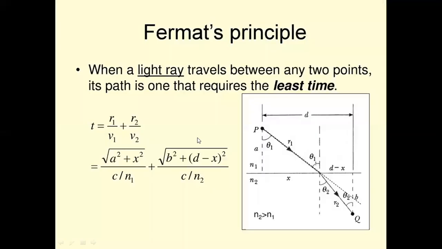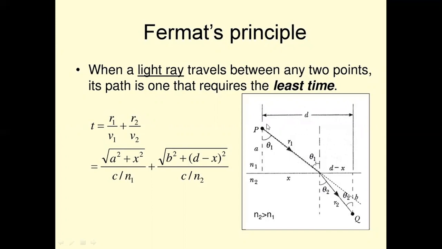And lastly, I describe Fermat's principle. When a light ray travels between any two points, its path is one that requires the least time. So look at the picture very carefully.